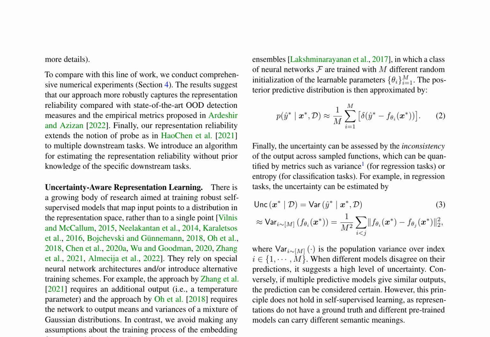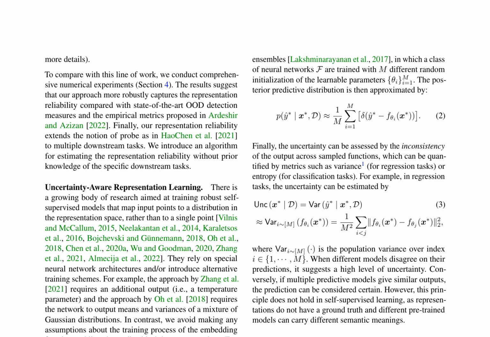The authors of the research paper delve into a comparative analysis of their approach with existing works in out-of-distribution detection and uncertainty quantification in self-supervised learning. They emphasize the novelty of their method, which extends the concept of a probe to multiple downstream tasks without any prior knowledge about the specific tasks.